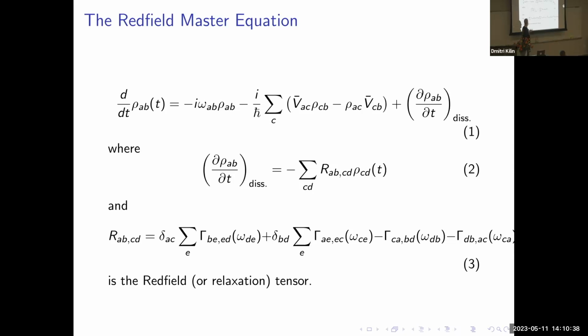So basically, these things are like transition rates, right? These things make up your Redfield tensor. So this thing describes how your system will actually relax, so it's called either the Redfield or the relaxation tensor. The nice thing about this one is that it is a Markovian equation.